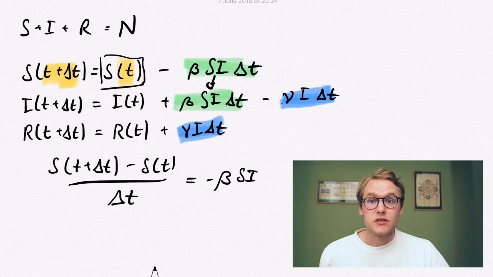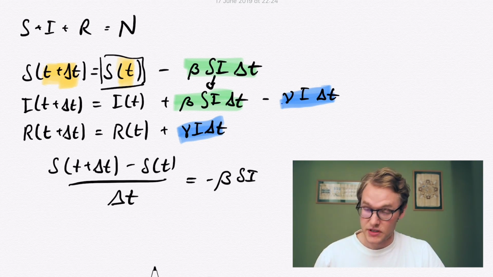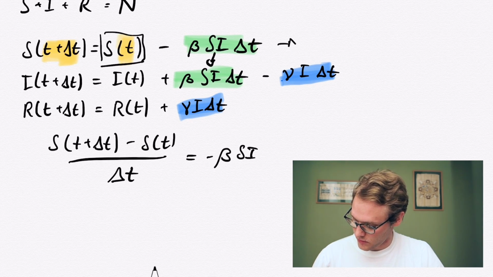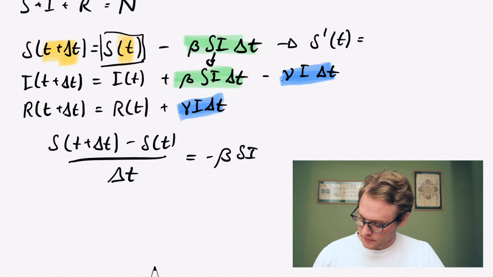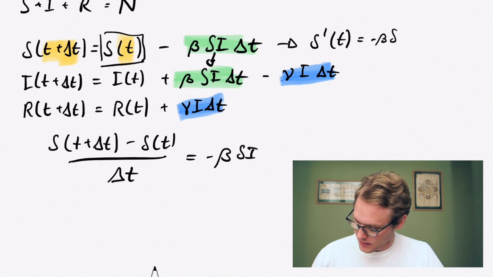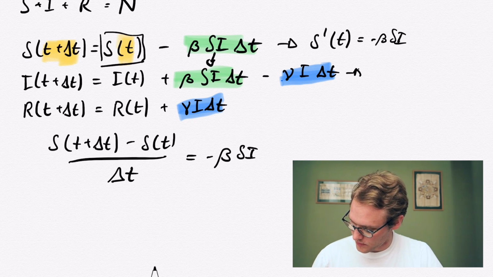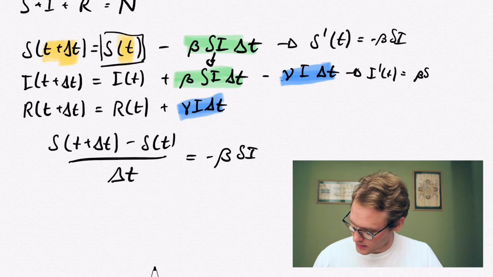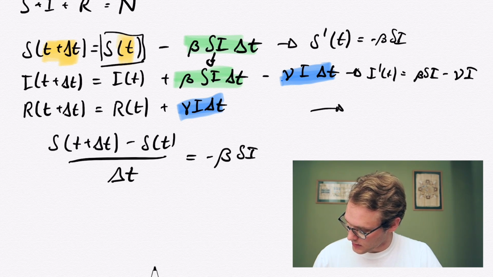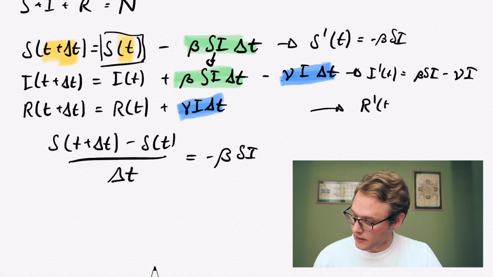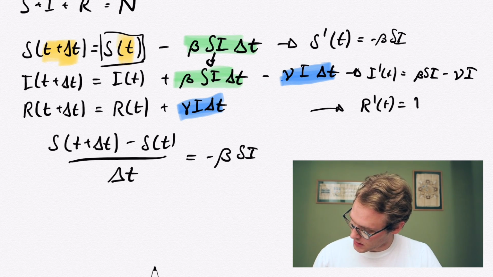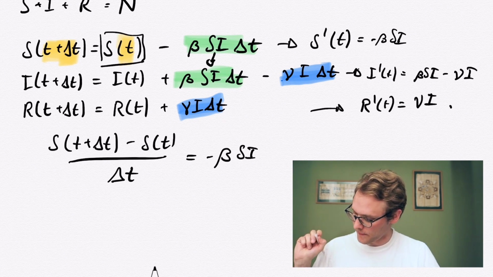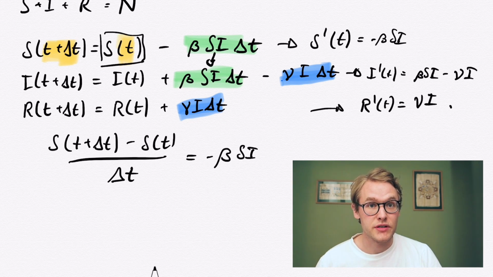So each of these equations becomes a differential equation, which is what we want. So this first one, we'll write in the shorthand form, equals minus beta s times I, and the second one becomes I derivative equals plus beta s I minus nu I, and the last one is the derivative of r, which equals nu I. And that's it. That's our first model.